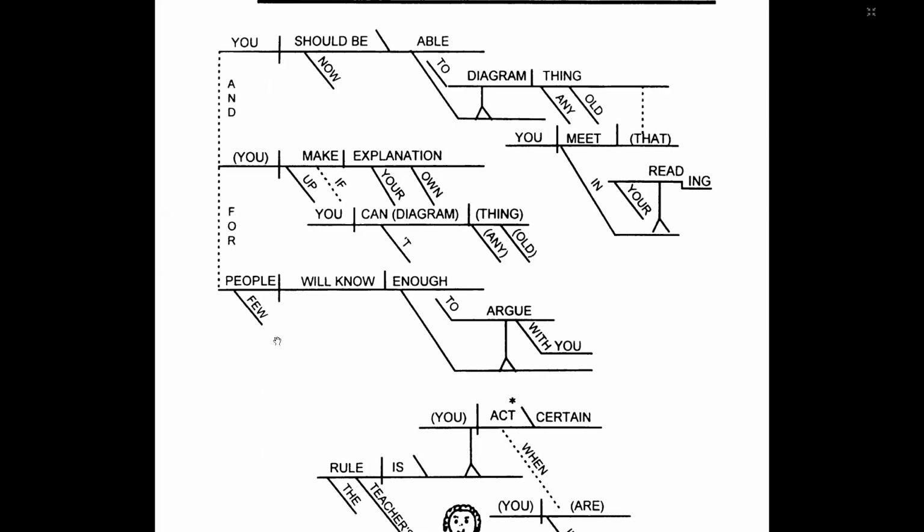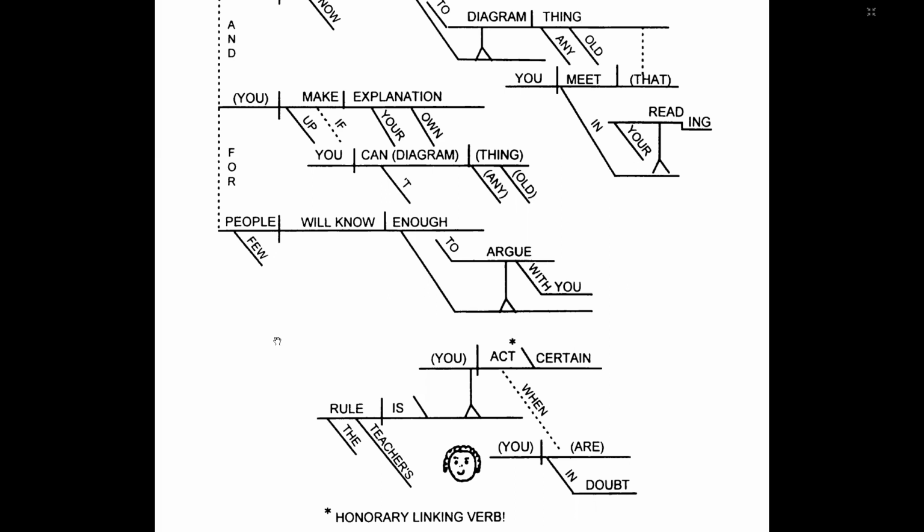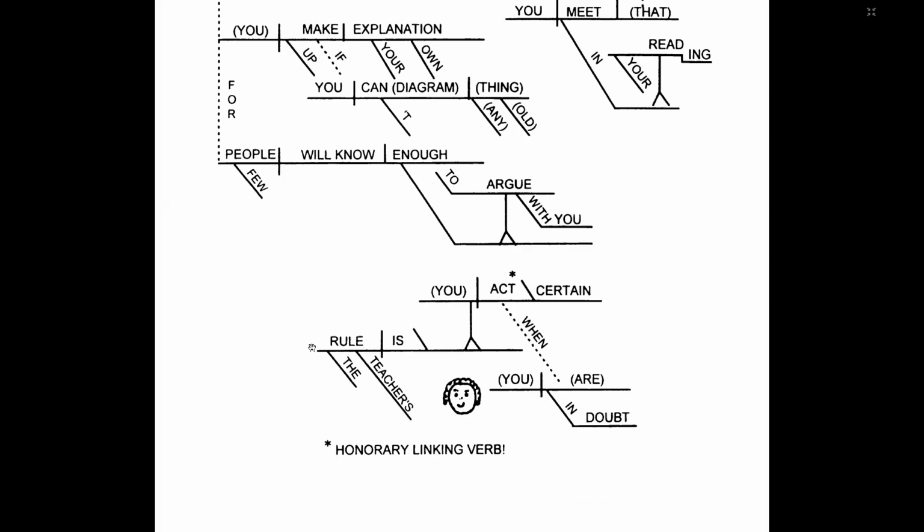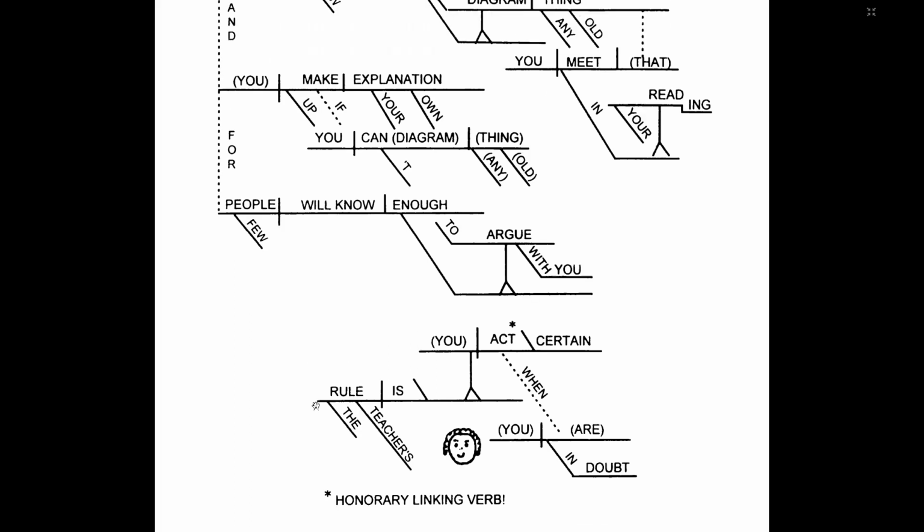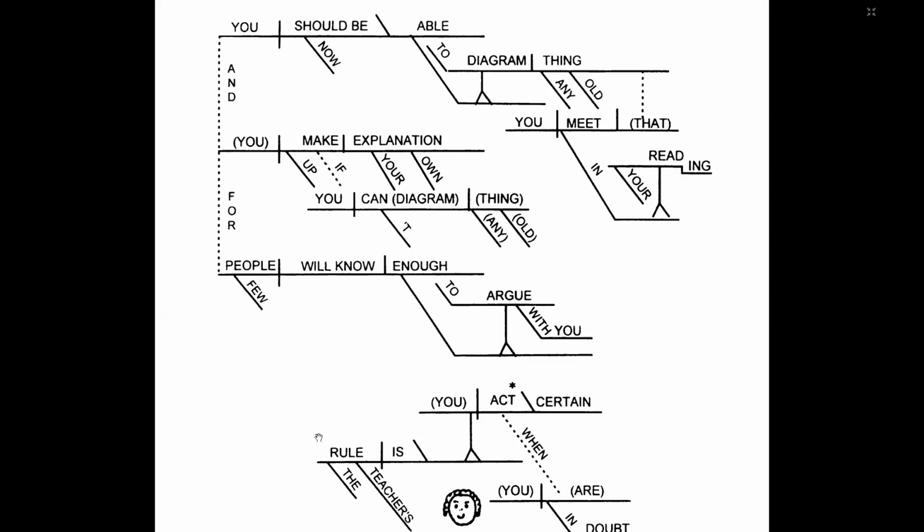Okay. The teacher's rule is act certain when in doubt. Sometimes. All right, so she makes act an honorary linking verb. Anyway, so that's chapter 6. The next chapter is fairly easy, and the one after that is just extra. So you're almost done with the entire book, the major parts of the book.